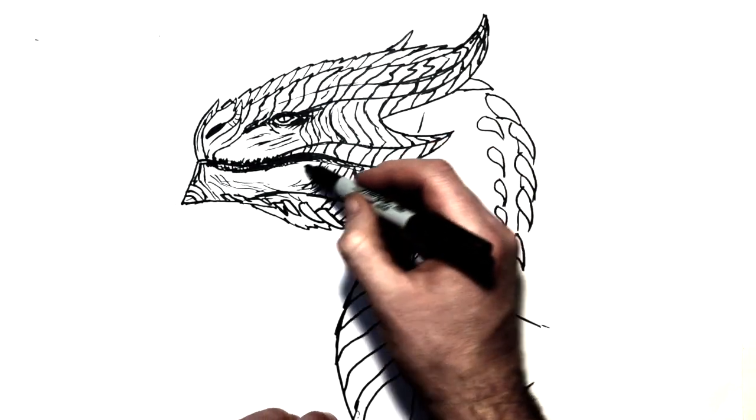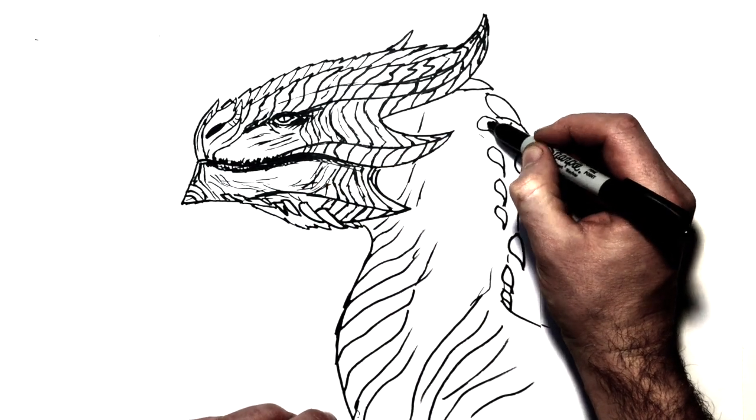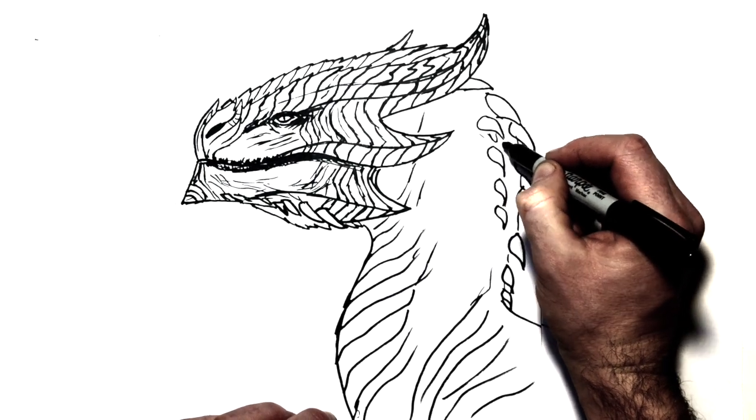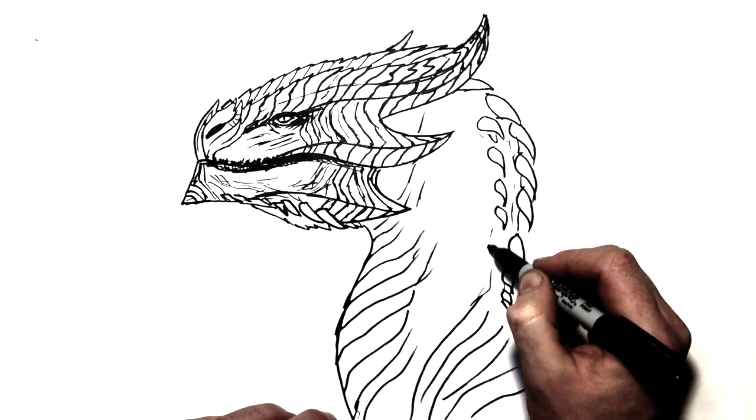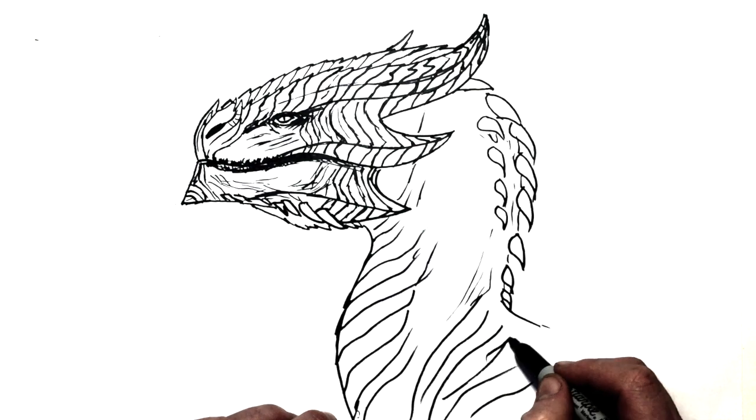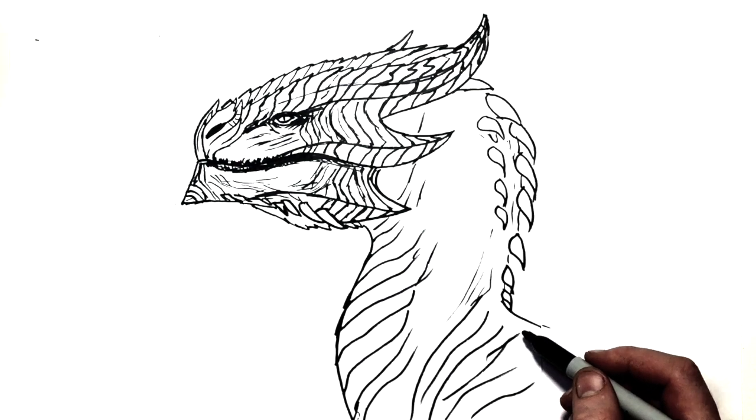And of course you can get as detailed as you want with this. You can add all the scales that are all in here if you'd like. You could take as much time as you'd like with it.